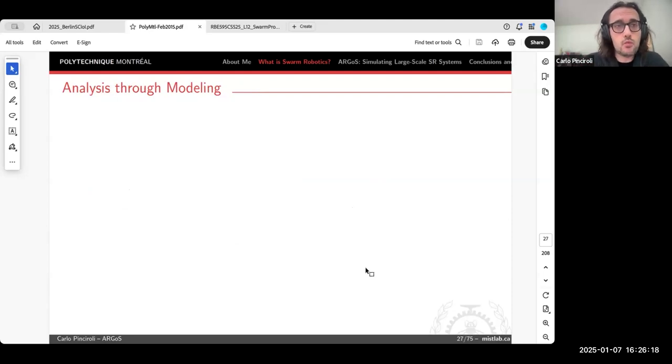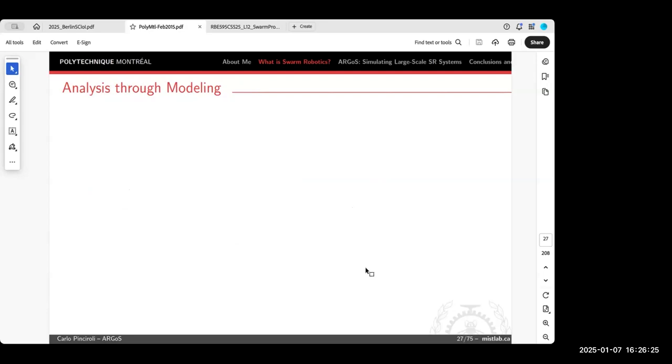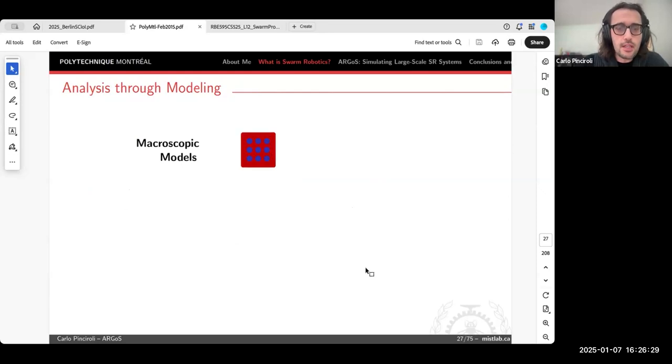One important thing is that when we get to finally have these systems, we want to test our ideas. And the way we do it is through modeling, and that's finally where we get to simulation. There's, in general, three ways of modeling systems.